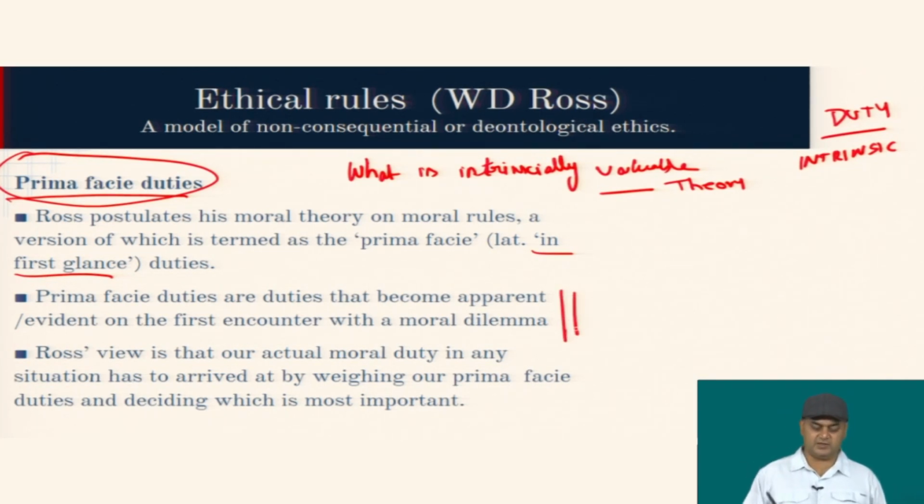Prima facie duties are duties that become apparent or evident on the first encounter with a moral dilemma. Ross' view is that our actual moral duty in any situation has to arrive by weighing our prima facie duties and deciding which is most important.